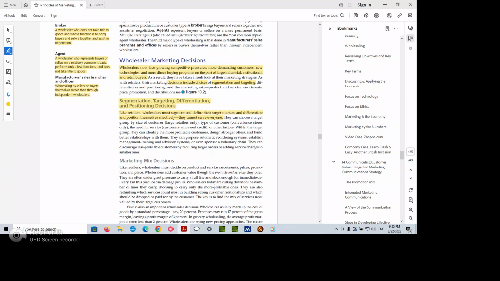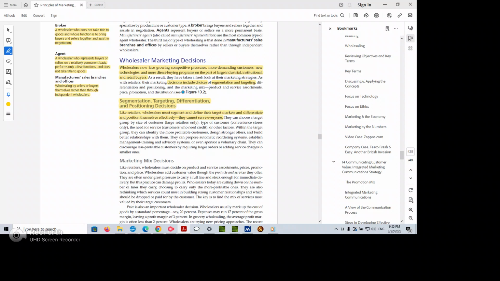You understand what I'm saying? So as a result, they can choose a target group by size of customer, large retailers only, type of customer such as convenience stores, or the need for service, which is customers who need credit.